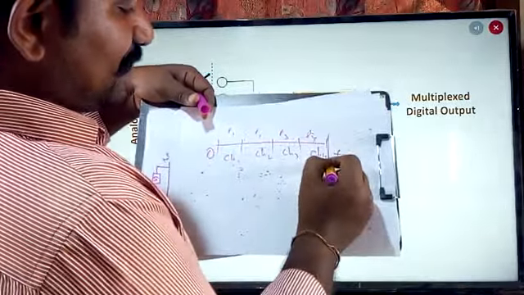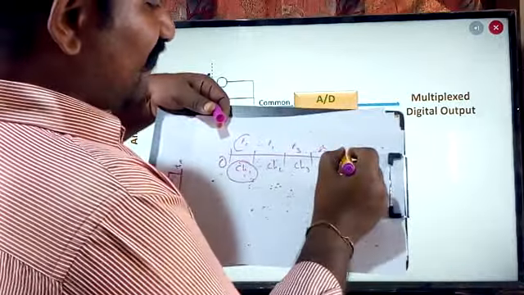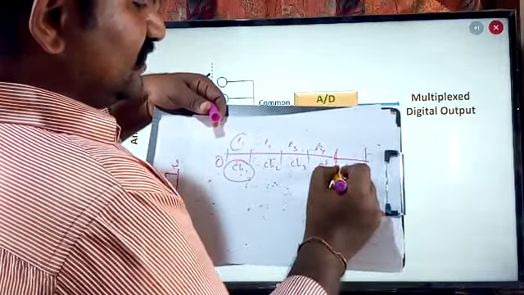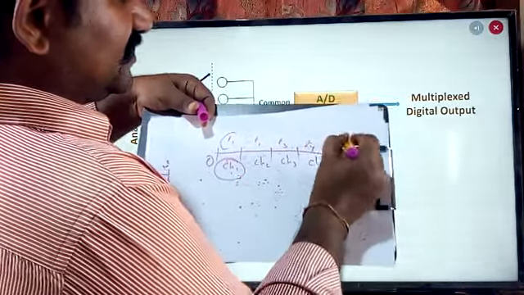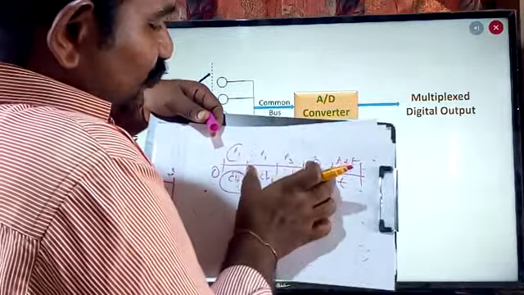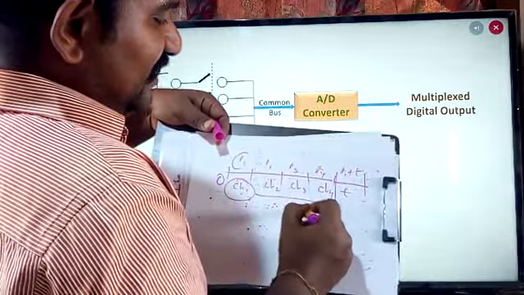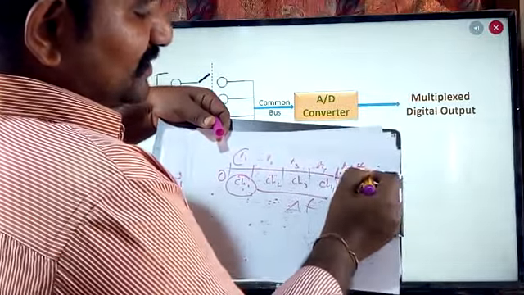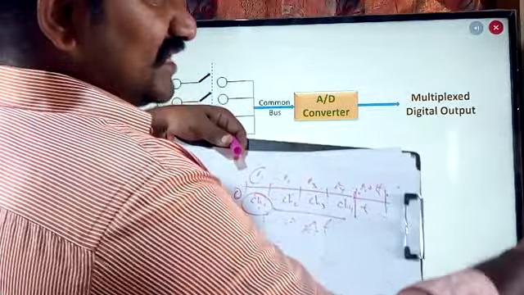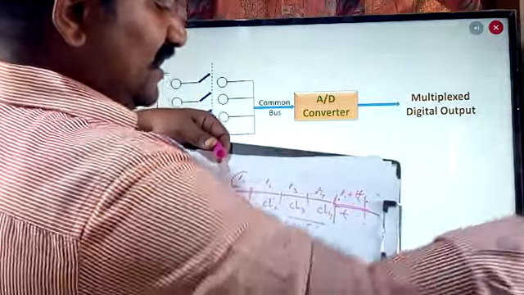After finishing this time period, channel 1 gets its next turn after this time period, meaning t1 plus T. If I assume this entire duration is delta t, then t1 plus delta t, t2 plus delta t, t3 plus delta t. Like that, each gets the next time slot.